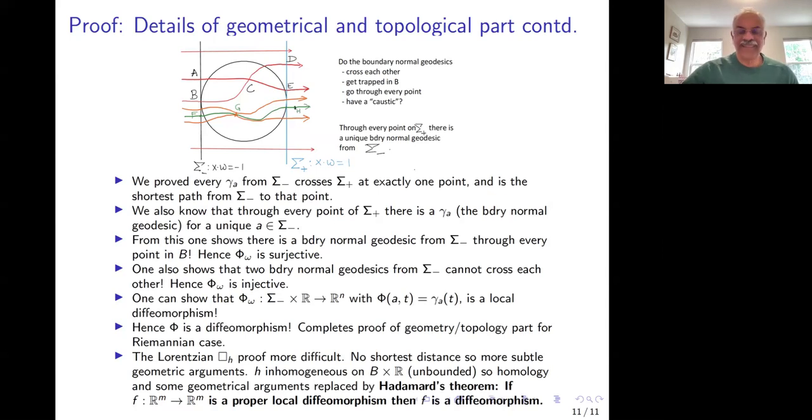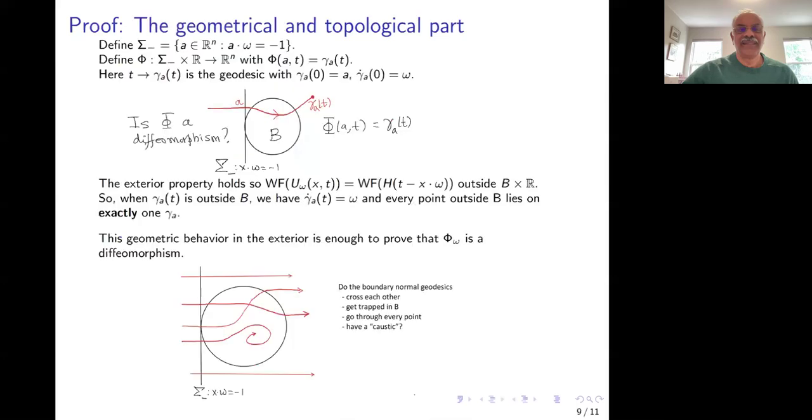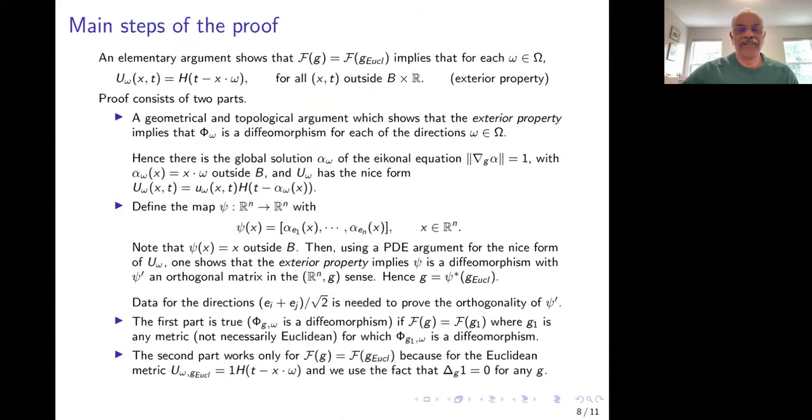So there were these two parts. I'll tell you where we use it. From the first part, we get that U omega has this form, and U sub omega is equal to 1 outside the cylinder.